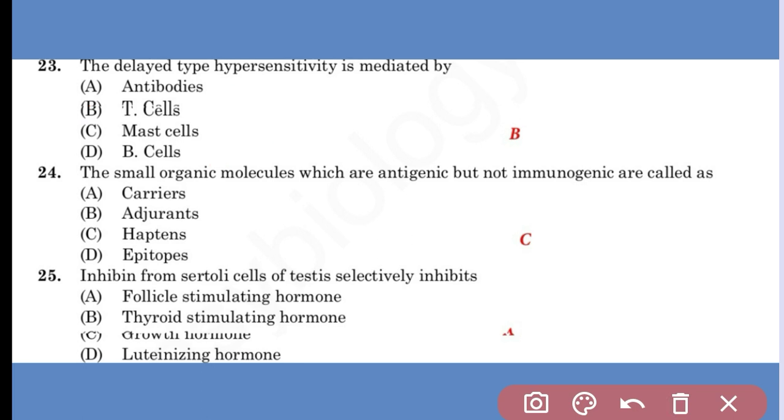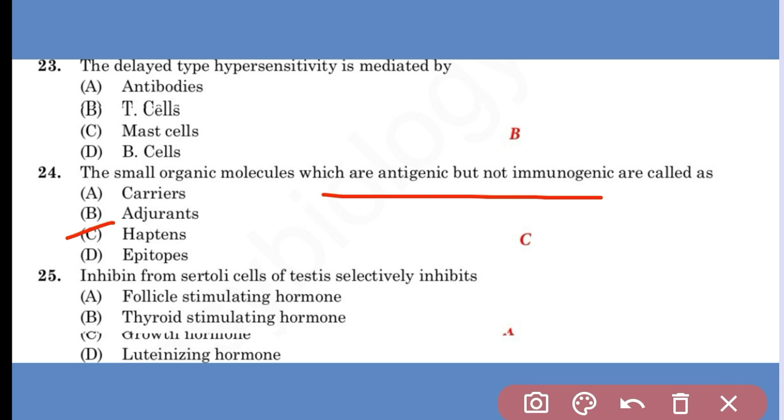Then the next question, small organic molecules which are antigenic but not immunogenic are called as. The answer of this is hapten. Hapten is a small molecule that stimulates the production of antibody molecules only when it is conjugated to a larger molecule, that is a carrier.